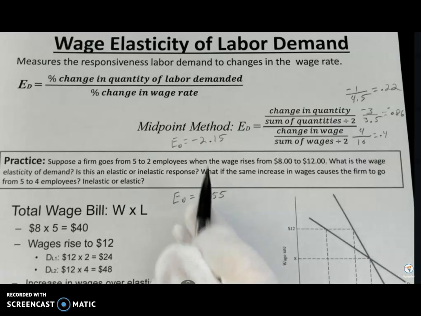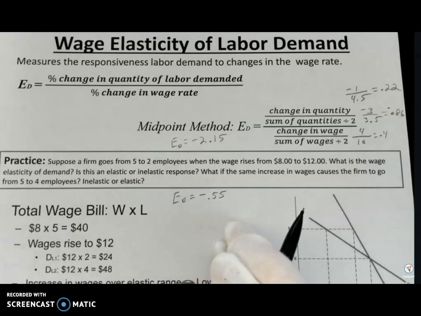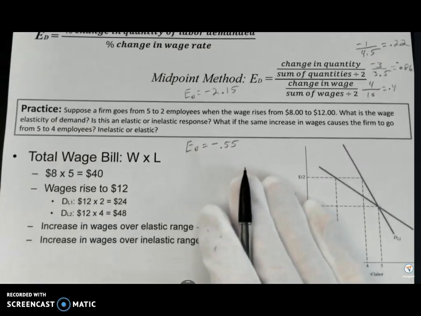Also note that they're both negative, implying an inverse relationship. It's always going to be the case. When we were looking at the elasticity of supply, we could get a negative, we could get a positive. But with the elasticity of labor demand, almost exclusively we would get a negative. As wages go up, firms will hire less workers. And as wages go down, they'll hire more. Okay, next we'll talk about the wage bill.